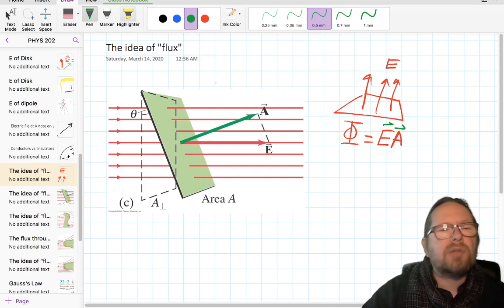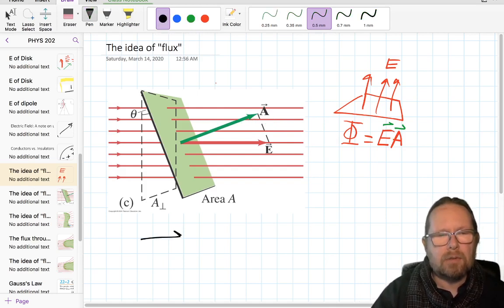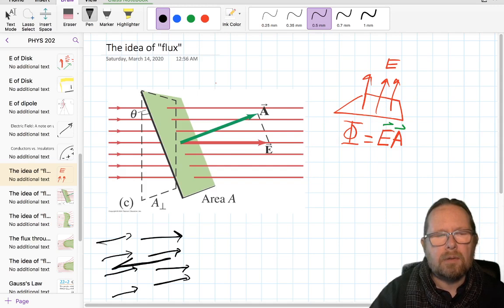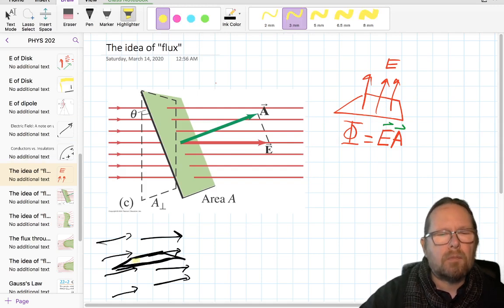What that means is, for example, if you've got an electric field pointing in the y direction, let's say, and you've got a surface like this, imagine a piece of paper laying flat like so. It's hard to draw on this tablet. Okay, let me color that in. And that's our area. The flux through that surface is 0.